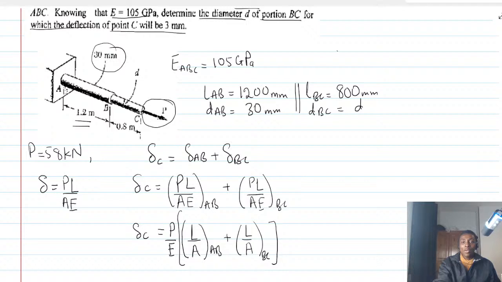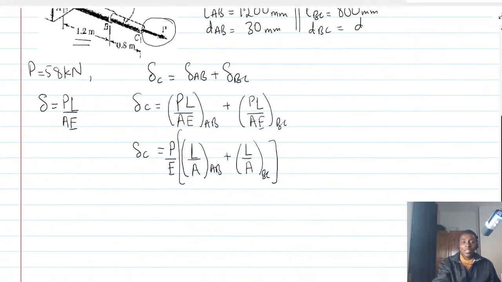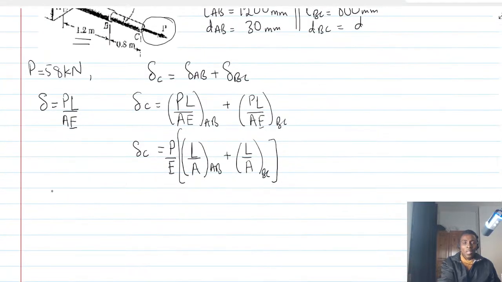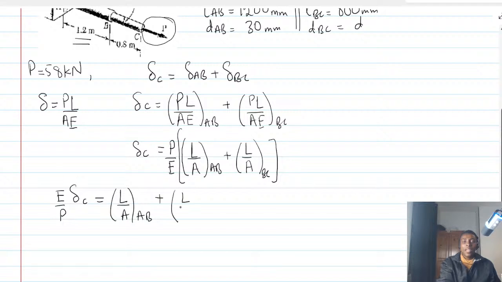But the concept is clear. The only thing you have to do, since we want the diameter, is this: let's multiply both sides by E over P. So E over P multiplied by delta C should be equal to the length over the area for AB plus the length over the area for BC.